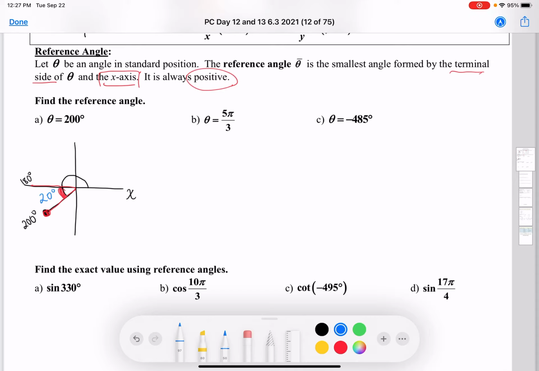We'll do more examples of that in the next section. Okay, but for this one here, the reference angle is 20 degrees. All right, part B is 5 pi over 3. Again, I recommend drawing your x and y axis.